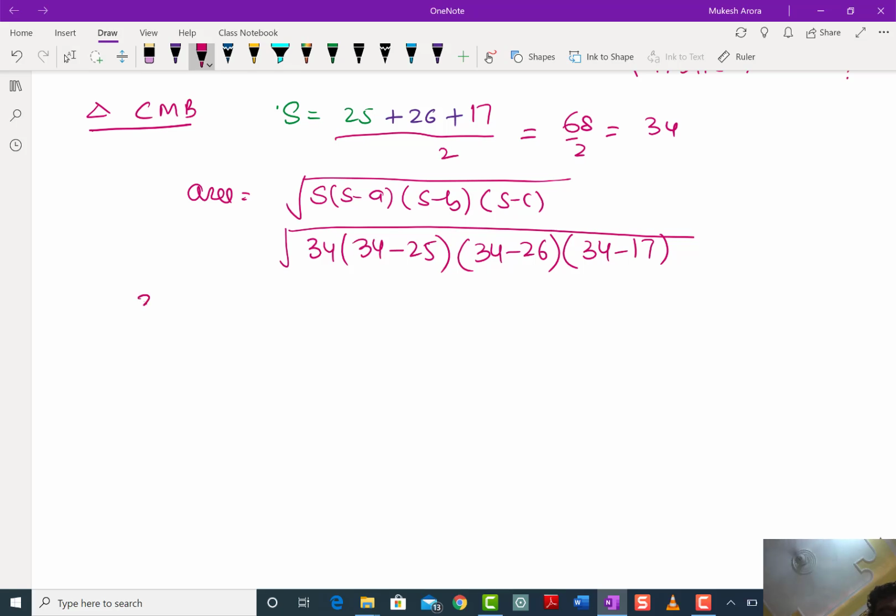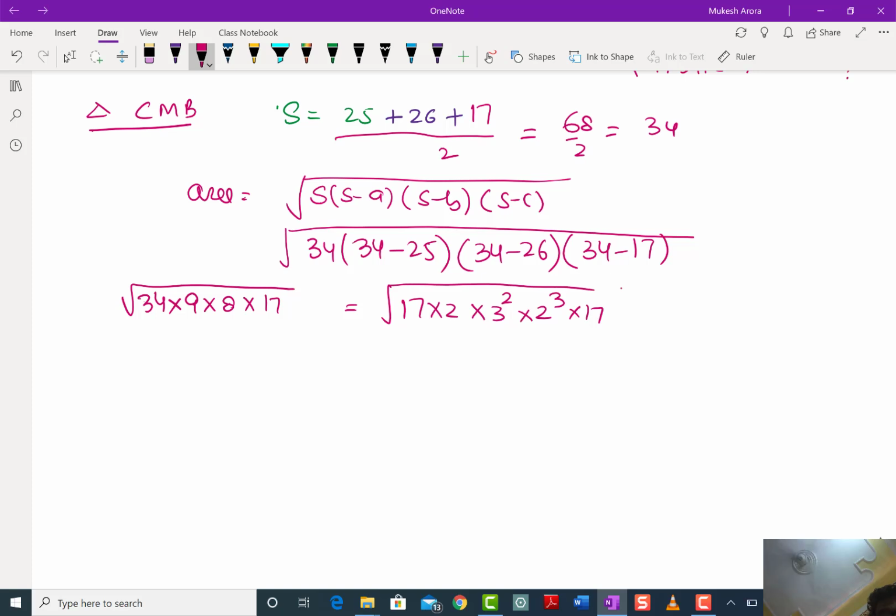So this will be 34 into 9 into 8 into 70. Factorize: 17 into 2, 3 raised to the power 2, 2 raised to the power 3 into 70. So it is 17 raised to the power 2, 2 raised to the power 3 raised to the power 2. Under root will be 17 into 2 raised to the power into 3 centimeter square.